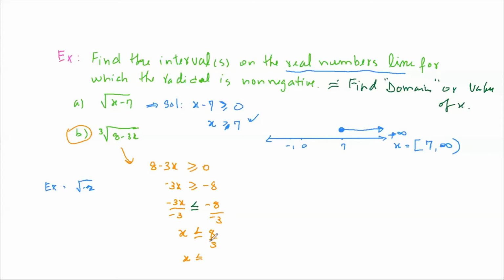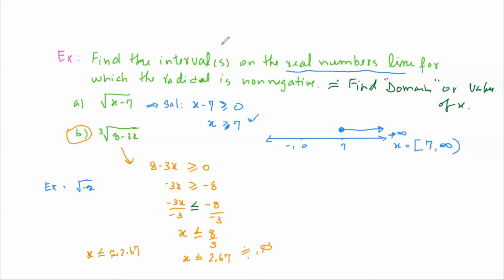So 8 divided by 3, what do we have? 2.6666, I think. You just approximate it as 2.67. Okay, like an approximate sign.